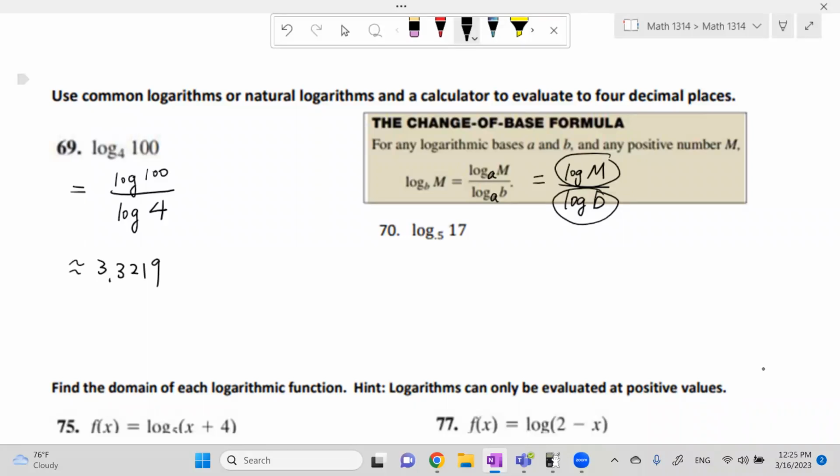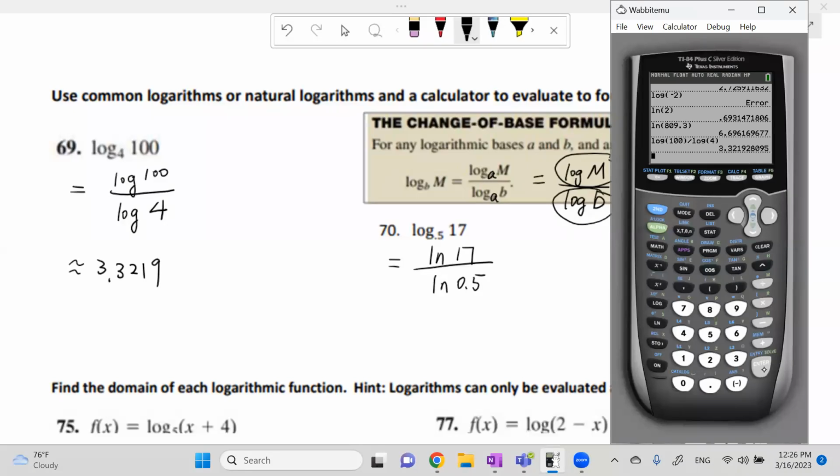Next one, you can pause the video and do it yourself. I need to separate the 17 and 0.5. I'm choosing ln. It doesn't matter whether you choose log or ln; the base doesn't matter. So ln 17 divided by ln 0.5. Let's use a calculator. We have ln 17, close the parentheses, divided by ln 0.5, close the parentheses.